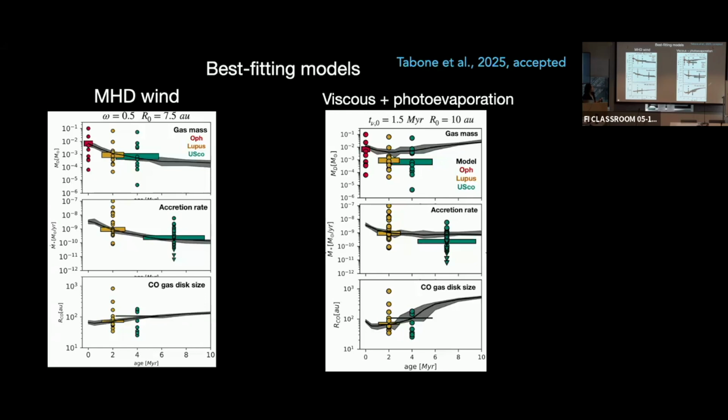But for viscous evolution, it has been very challenging to find a consistent solution to match all the observed properties. In particular, it's very hard to match the disk fraction, the accretion rate and the gas disk size. And when you satisfy those three things, you find that your disk mass is over-predicted for the intermediate and old ages. This is his best model for the Lupus sample and the Upper Sco sample: the gas disk mass is over-predicted compared with observations.